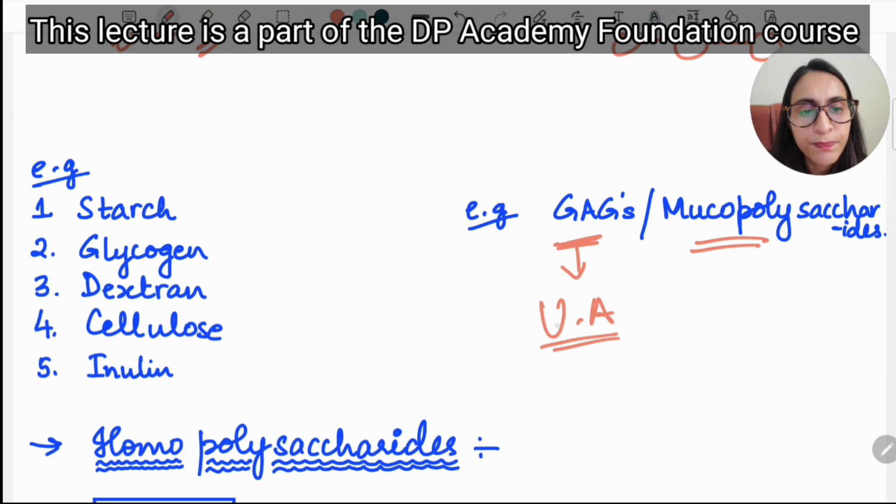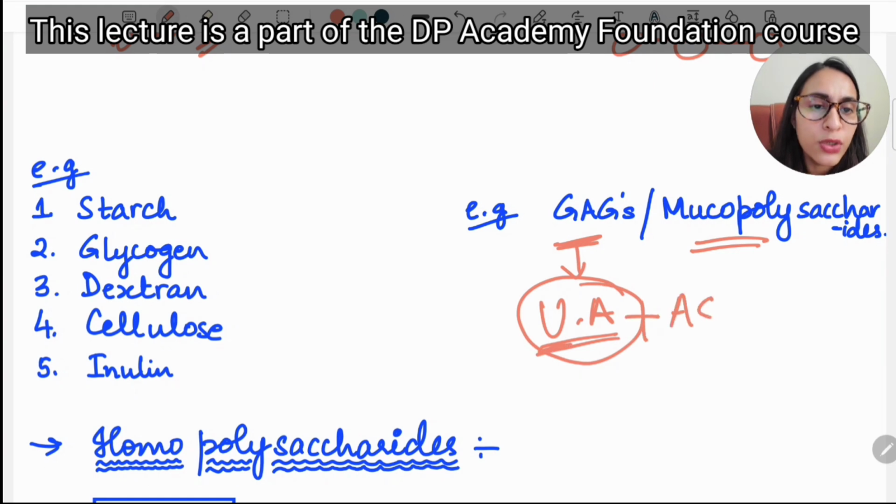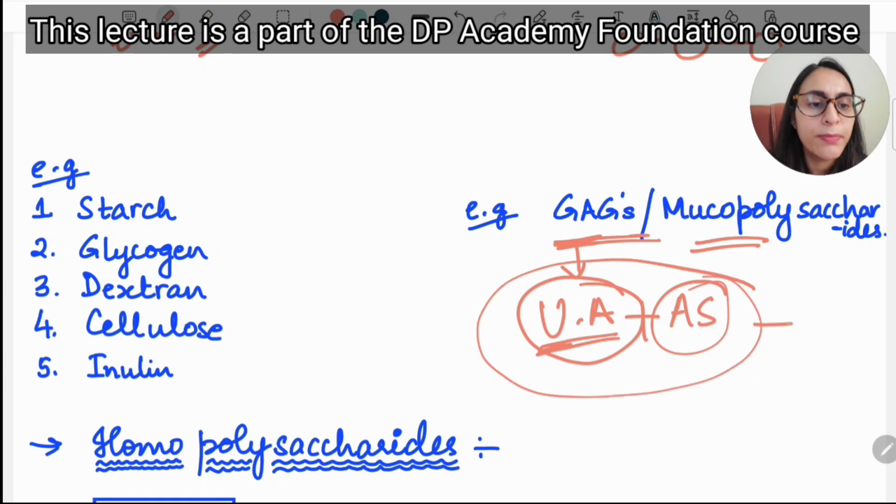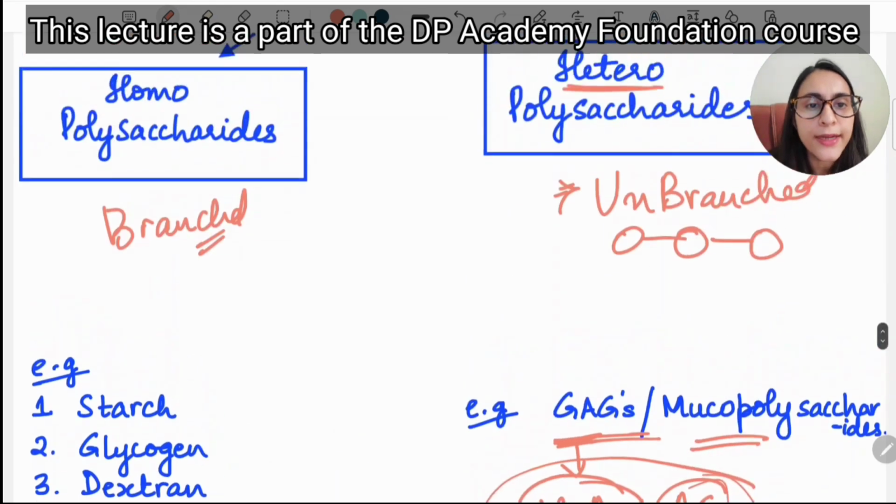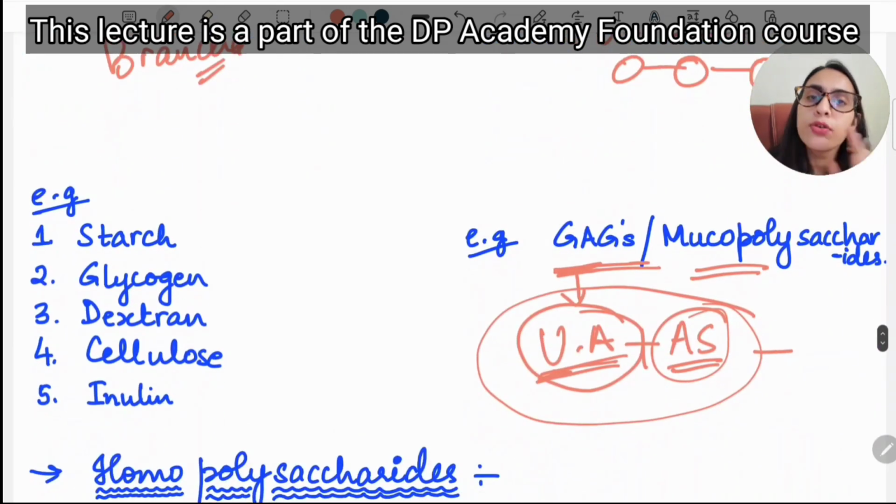Oxidation of a monosaccharide forms acids, and reduction causes alcohol. One such example of oxidation is uronic acid, and uronic acid and amino sugar form the glycosaminoglycan. So basically glycosaminoglycan is a combination of repeated chains of uronic acid and amino sugar, and it is a heteropolysaccharide, also known as mucopolysaccharides.